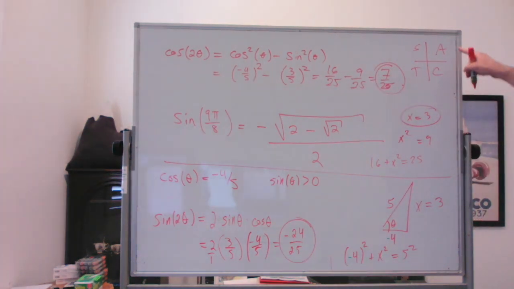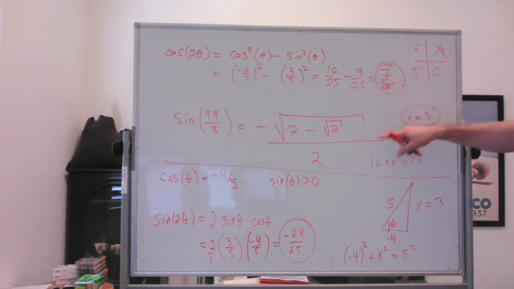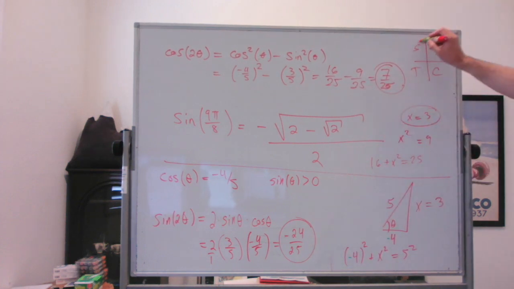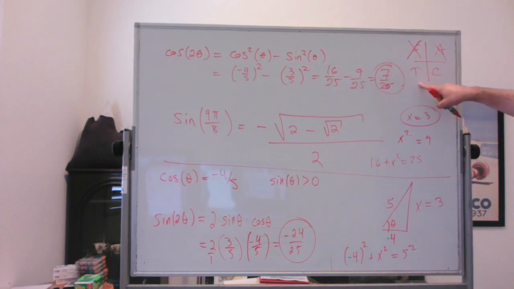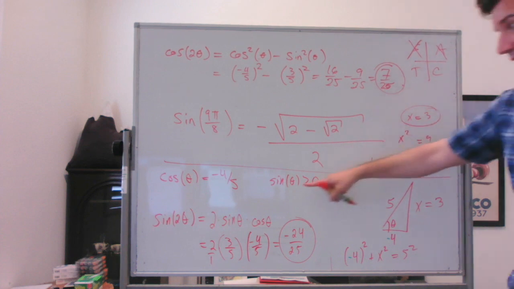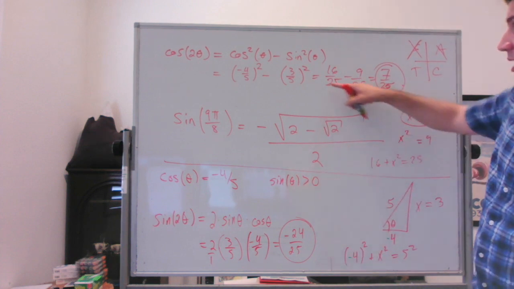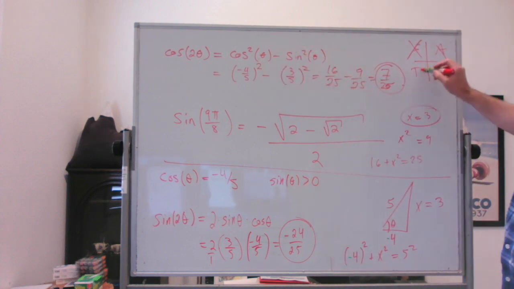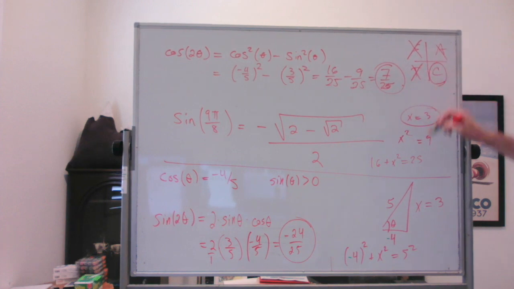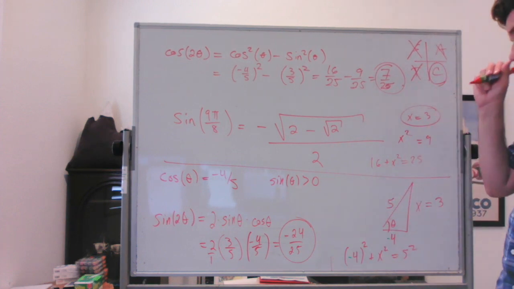It can't be quadrant 1 because one of them is negative. It can't be quadrant 2 because sine is negative there. It can't be quadrant 3 because there cosine and sine are both negative. But cosine of 2 theta we know is positive. So it's got to be quadrant 4, where cosine is positive and sine is negative.